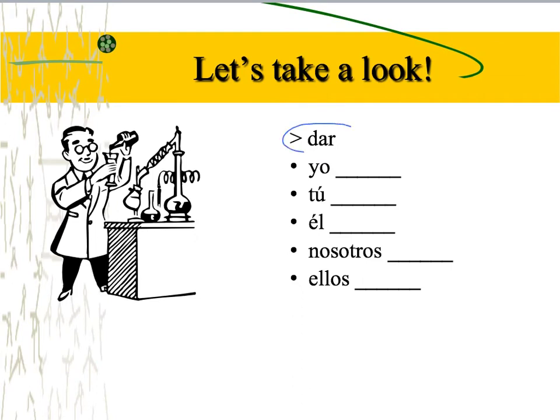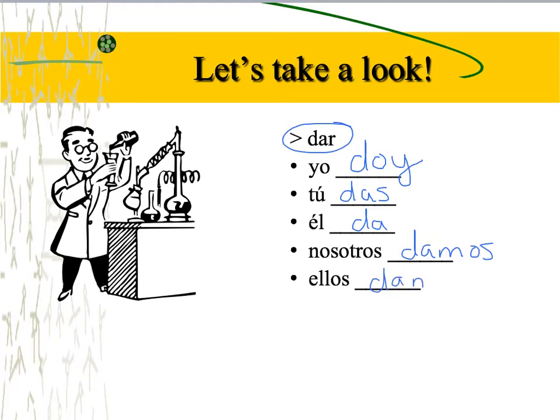Okay, why don't you try the verb dar? I'll tell you, it has an irregular yo form. That's it, doy, and then the rest is regular. So what do you think it's going to be? Tú das, él or ella or usted da, nosotros damos, ellos dan.